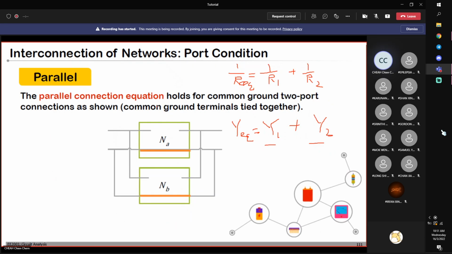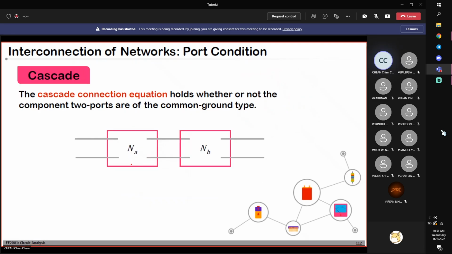Same thing, if you have parallel combinations and you're asked to model it as H parameters, first model it as Y parameters, add them up, then transform it into the form which you want. It can be transformed into the other three forms through algebraic manipulations or finding the inverse matrix.